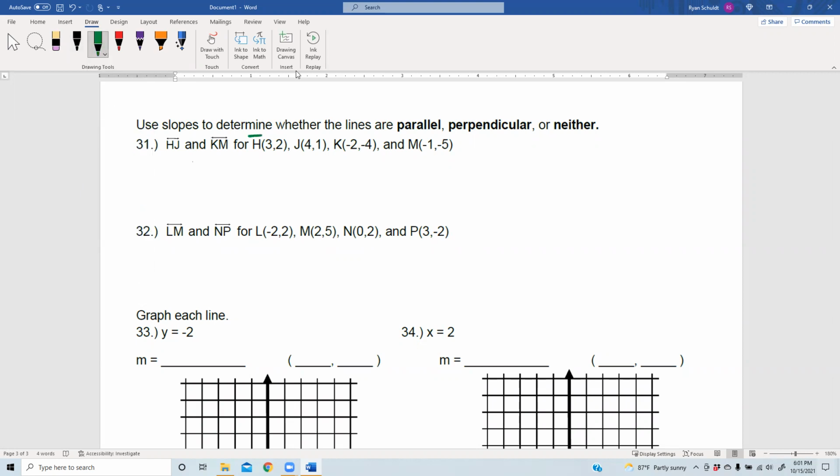So I need H and I need J. I've got to find slope, so label my points, x1, y1, x2, y2. Get HJ. So my slope is 1 minus 2 over 4 minus 3. It's going to be negative 1 over 1, which is negative 1.